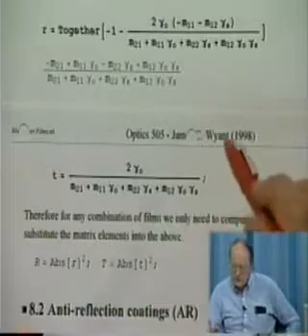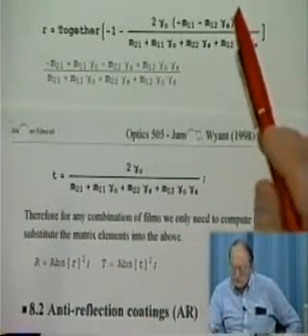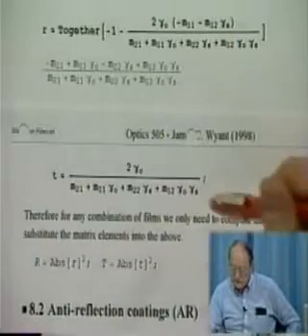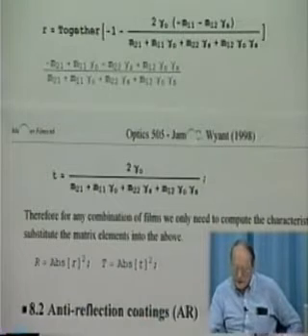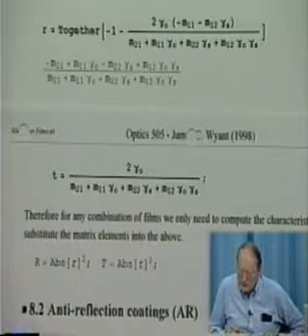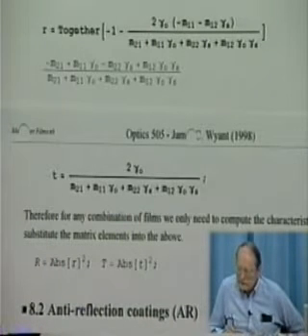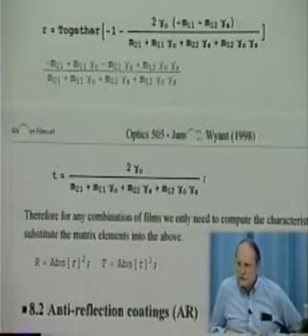So maybe all this garbage we went through here works out pretty well after all. And, you know, all we have to do is calculate a 2 by 2 matrix for each layer. And if we have many layers, we could multiply all these matrices out and end up with a reflectance and transmittance. And for that, you get paid a lot of money, I'm told.